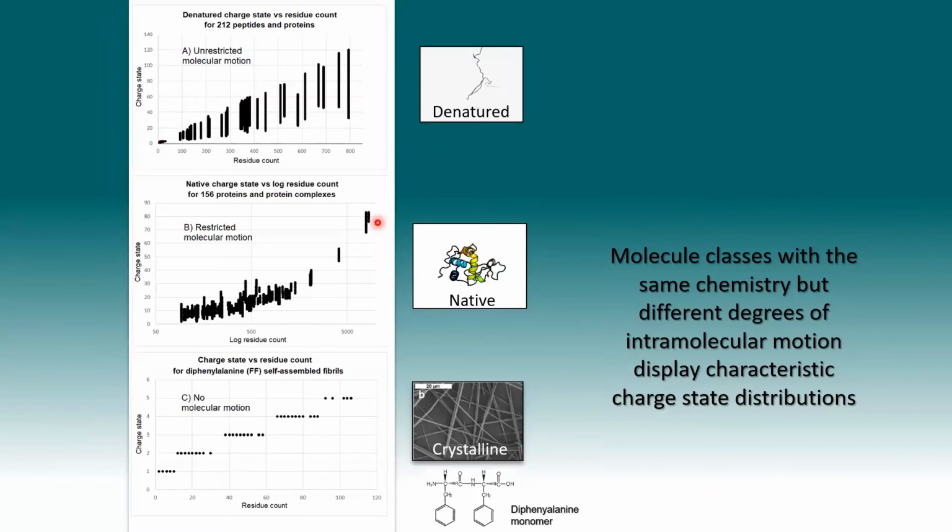And what you can see is that for each of these diphenylalanine fibrils, for each mass, there is a single charge state only. So molecular classes with the same chemistry, but different degrees of intramolecular motion, are displaying characteristic charge state distributions.